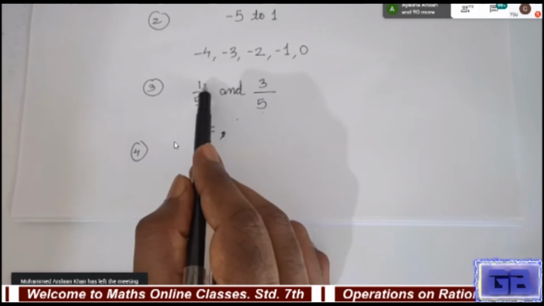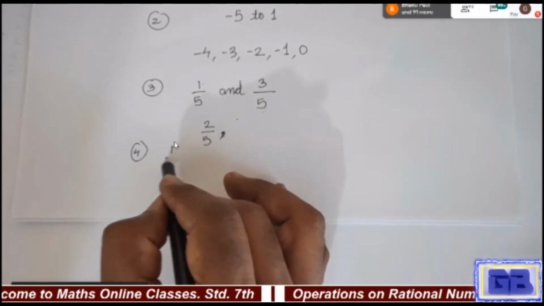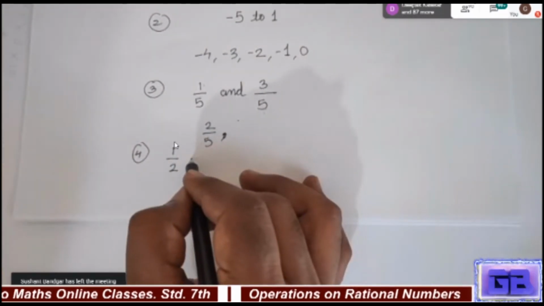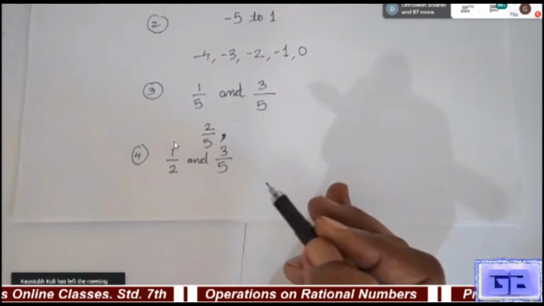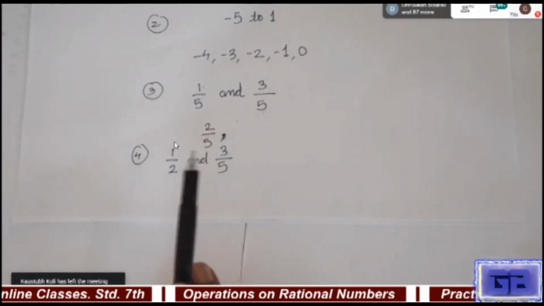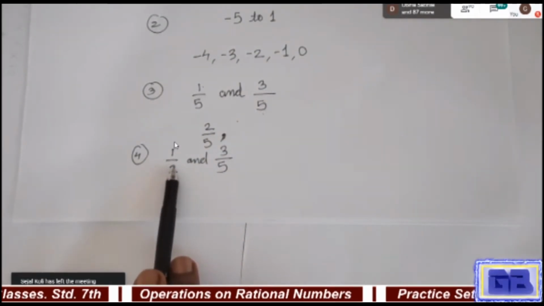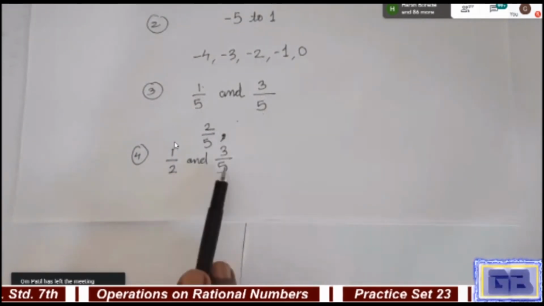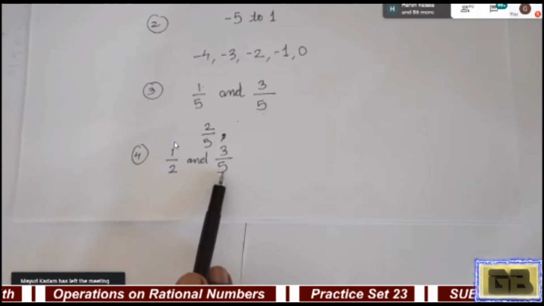Take another example of rational numbers. Suppose instead of 1/5 I take 1/2, and 3/5 I write as it is. In this fraction the denominator is 2 and in this one the denominator is 5.